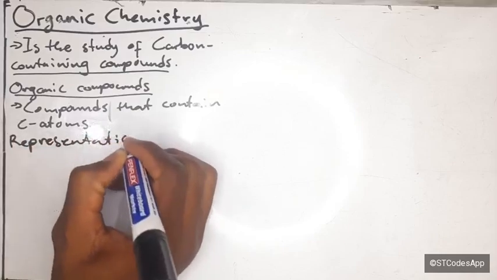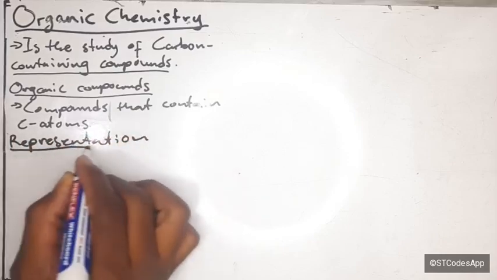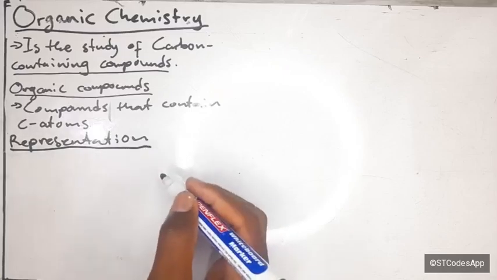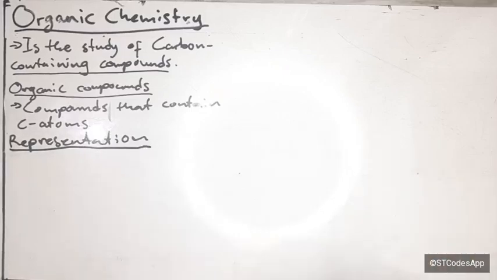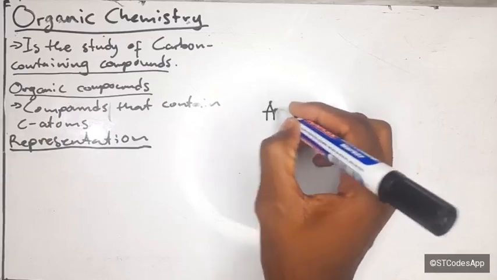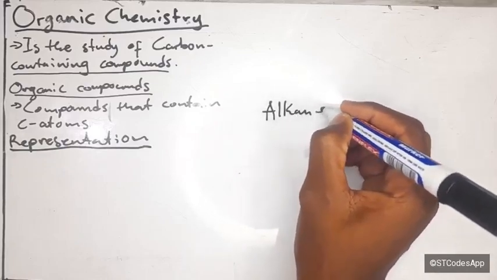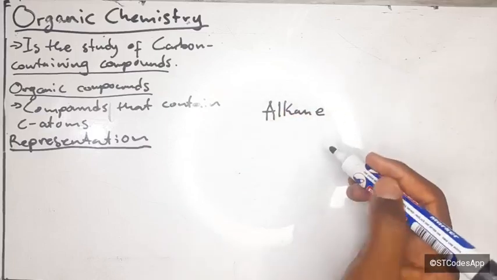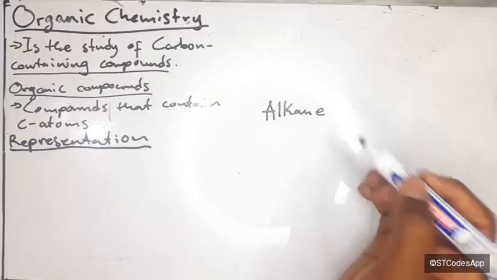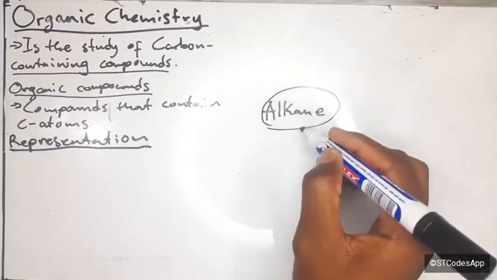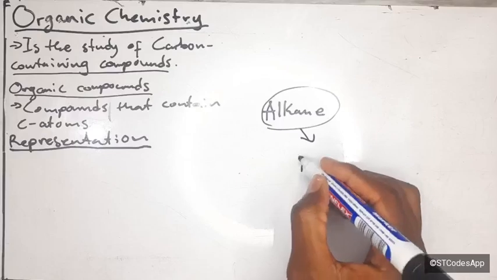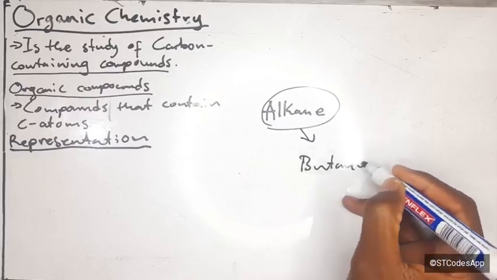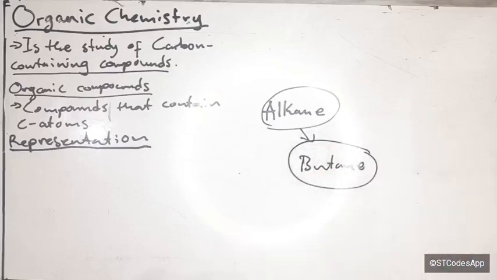Organic compound representation. Okay, guys, I know that we haven't yet talked about a lot of things here, but I want to put the word alkane here. If you do not know what an alkane is, I'm going to put the word alkane with butane. These are the things I'm going to use in showing the representations of organic compounds.